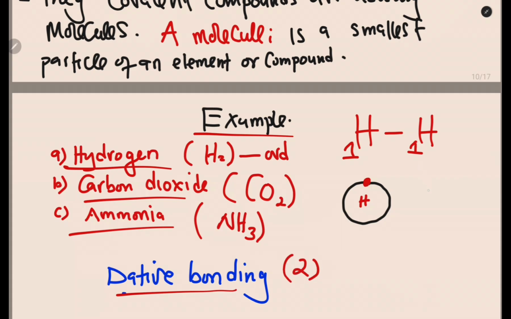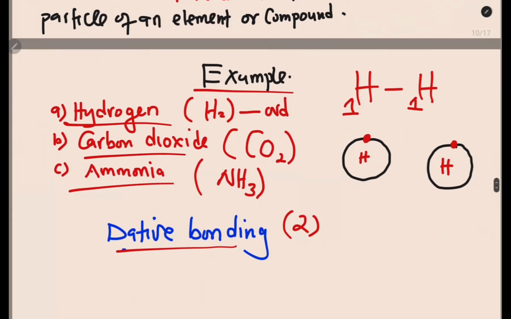So for it to be stable, it will share with another hydrogen, which also has 1 electron. They say, okay, let us come together and share so that we can be stable. Remember, bonding is all about making atoms stable.